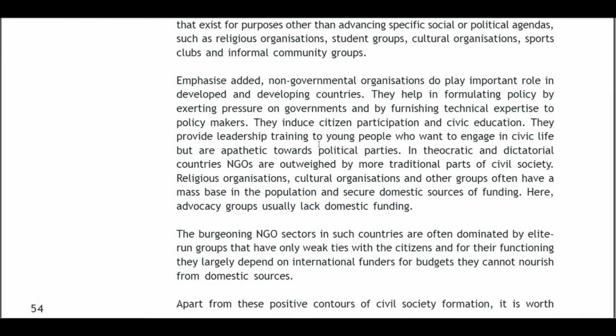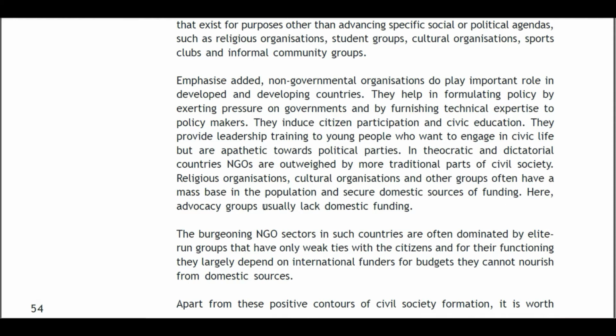They provide leadership training to young people who want to engage in civic life but are apathetic towards the political parties. In theocratic and dictatorial countries, NGOs are outweighed by more traditional parts of civil society. Religious organizations, cultural organizations, and other groups often have a mass base in the population and secure domestic sources of funding.